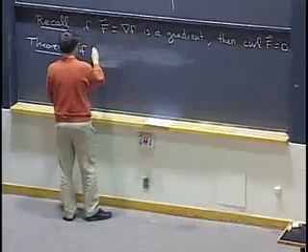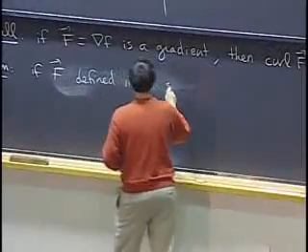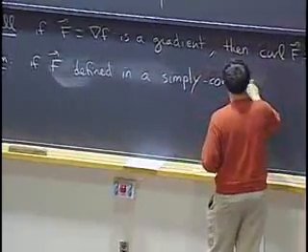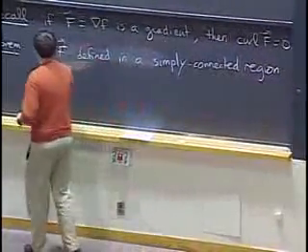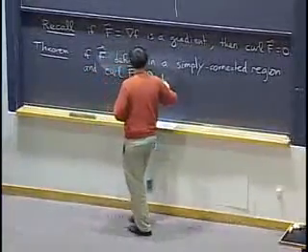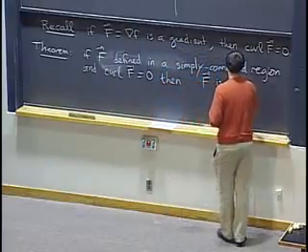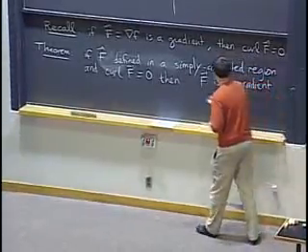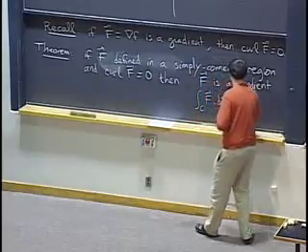It's not the logical way in which to say it. So if F is defined in a simply connected region and curl F is 0, then F is a gradient field and the line integral of F is path independent.